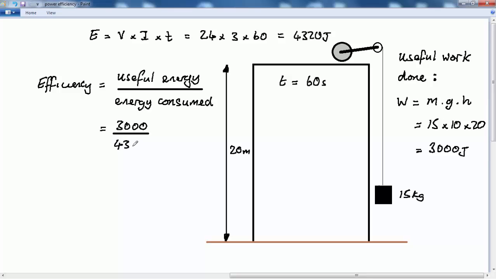That's 4,320, and that's equal to 0.694, or if you want it as a percentage, then 69.4%. Okay, so this is a very, very typical type of GCSE question on energy transfer and efficiency applying to an electric motor, for example.